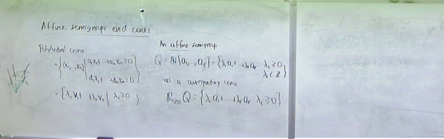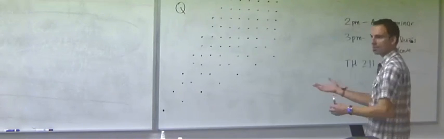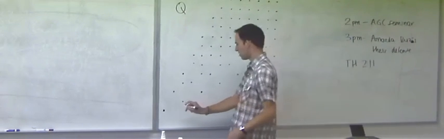I came into the classroom ahead of time to draw this fancy affine semigroup here. Does it look like a semigroup to you? What's a semigroup? You need to be able to add things in here. By the way, this is the origin.